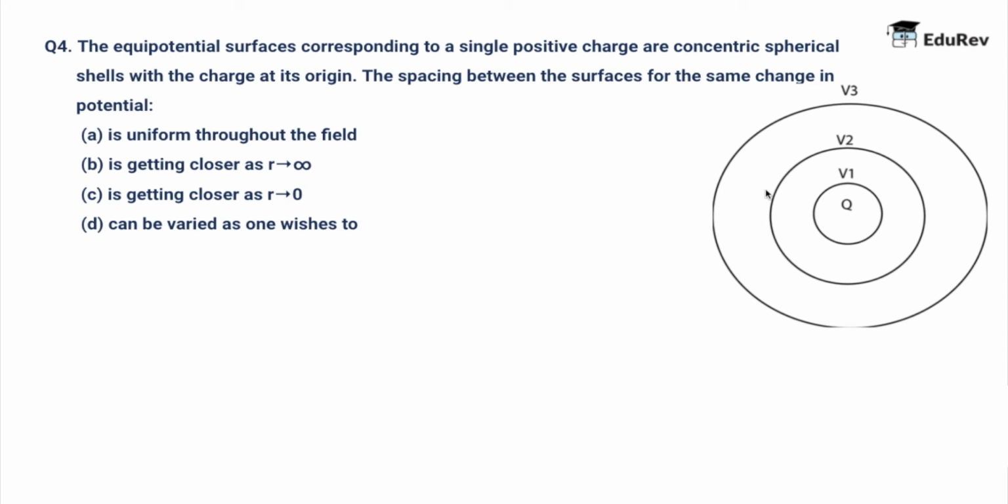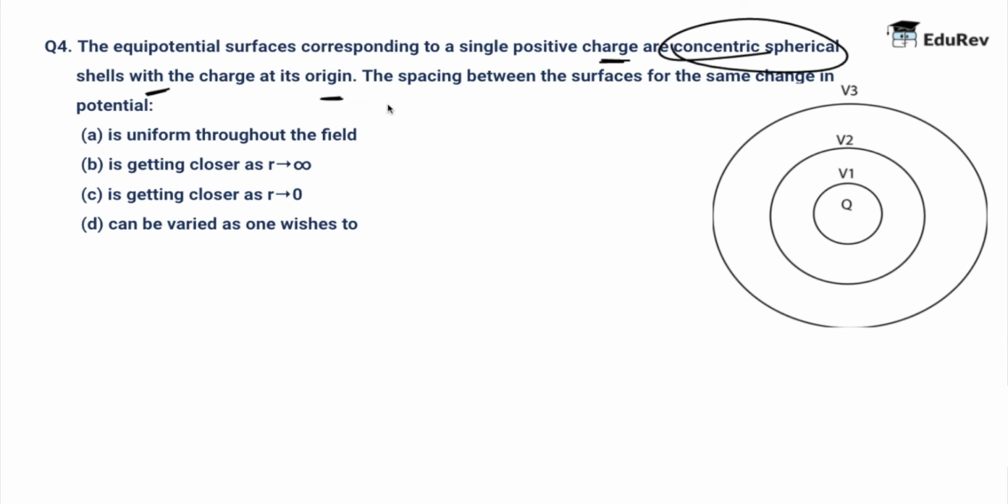Question number 4 says the equipotential surfaces corresponding to a single positive charge are concentric spherical shells with the charge at its origin. The spacing between the surfaces for the same change in potential is equal to what? So let the equipotential surfaces have the potentials V1, V2 and V3 as shown. And obviously V1 is greater than V2 is greater than V3.